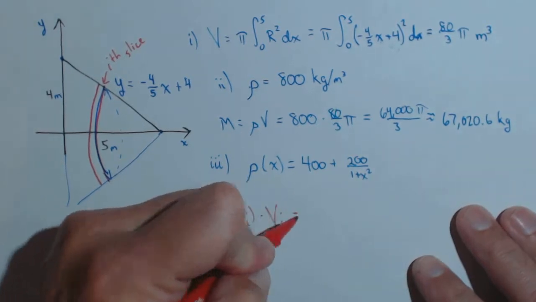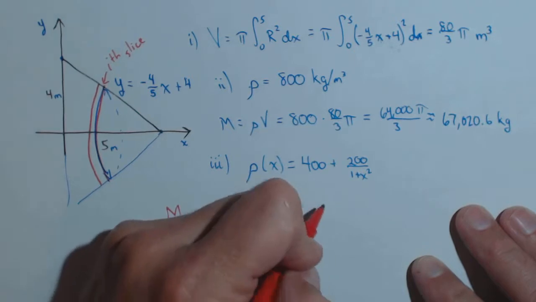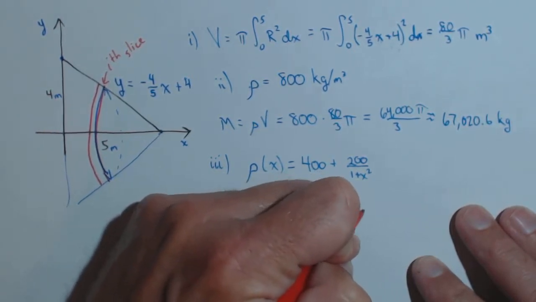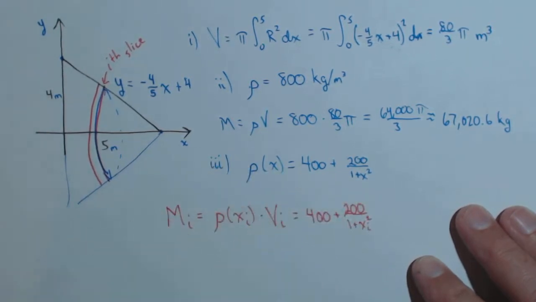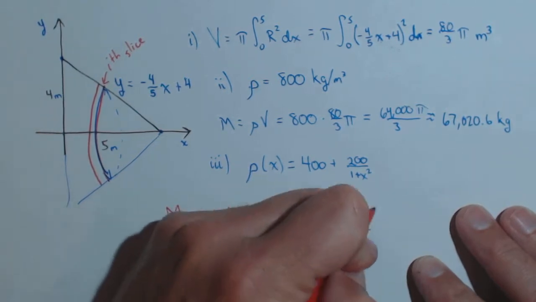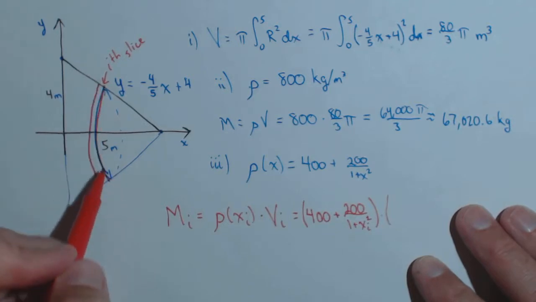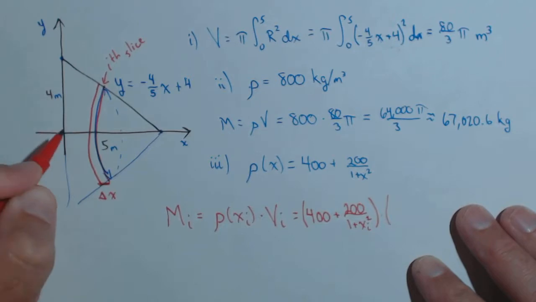Now, what would that look like for this particular problem? Well, the density on the ith slice is going to be given by this here. So 400 plus 200 over 1 plus x sub i squared. So that's the density on the ith slice, times the volume of the ith slice. Well, what's the shape of the ith slice? Remember, it's going to have a thickness of delta x.